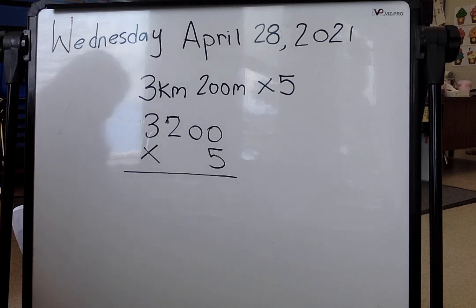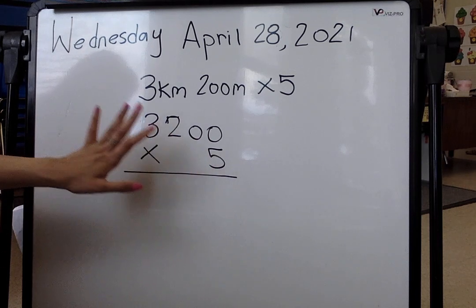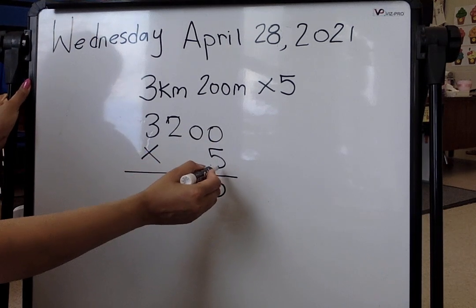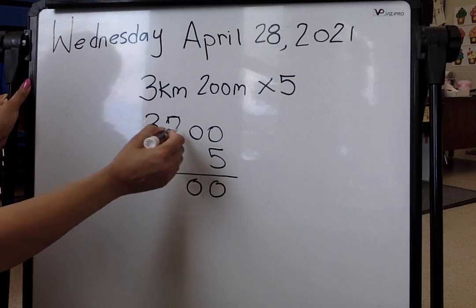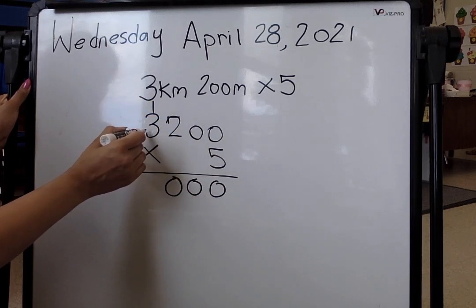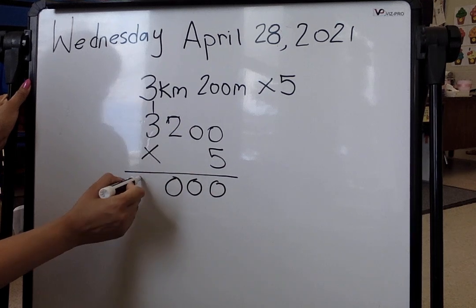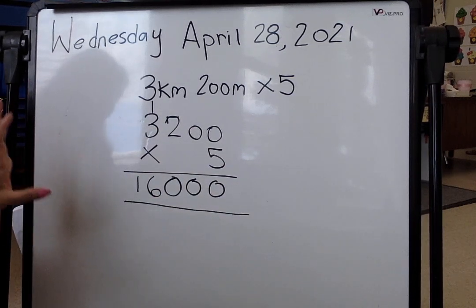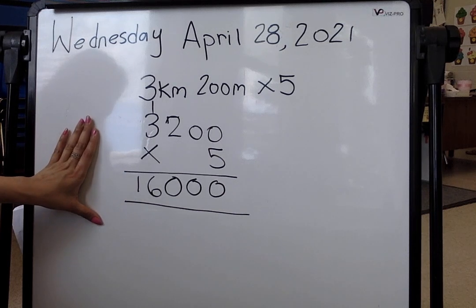Let's go ahead and see what we get. 5 times 0 gives us 0, 5 times 0 gives us 0, 5 times 2 gives us 10, 5 times 3 gives us 15, plus 1, 16, right?